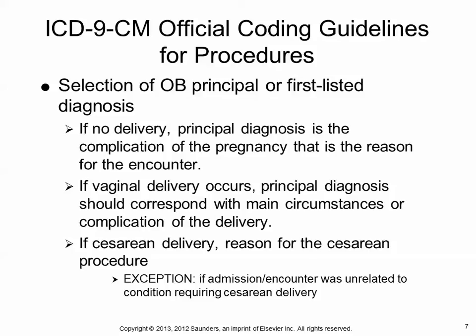The only exception to this will be if a patient comes in, say a patient comes in and she's 32 weeks pregnant, and she's been in a terrible, horrible car accident, and they have to put her in the hospital for the trauma.